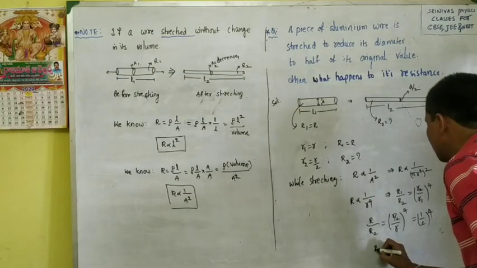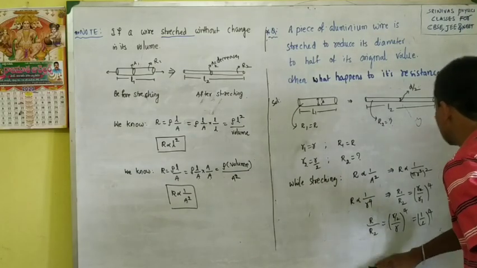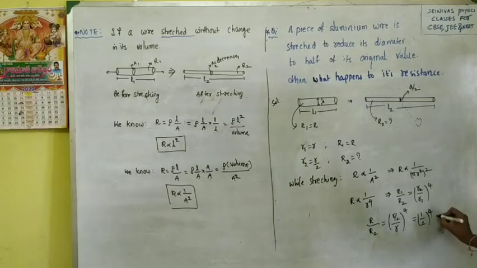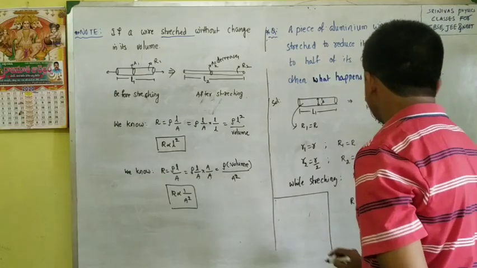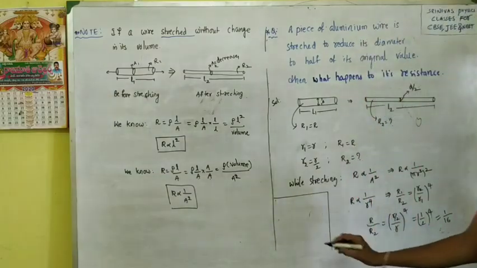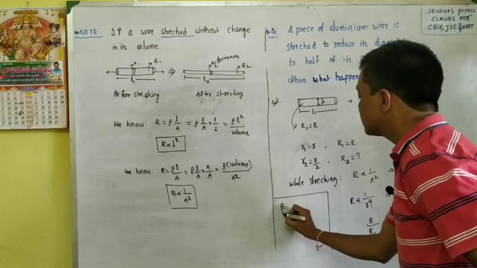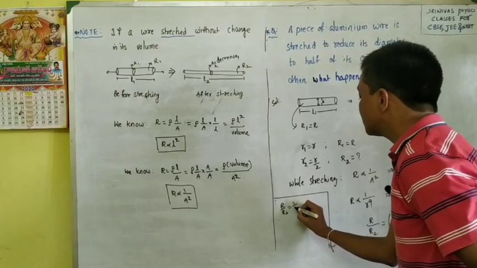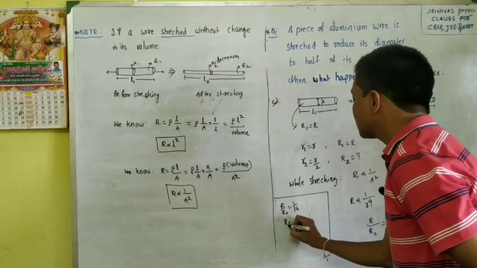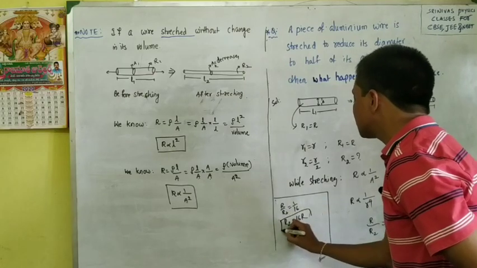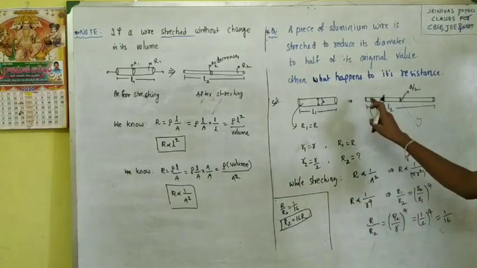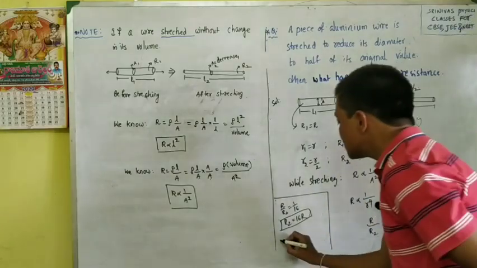Then R by R2 is equal to 1 by 16. From this, R2 is equal to 16R. That means when radius decreases to half, its resistance becomes 16 times.